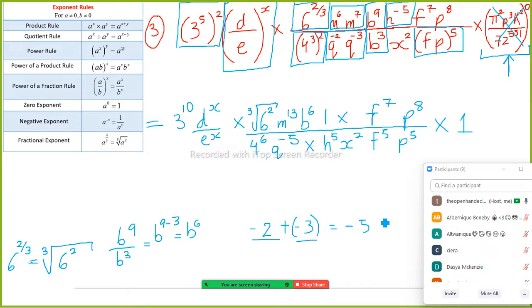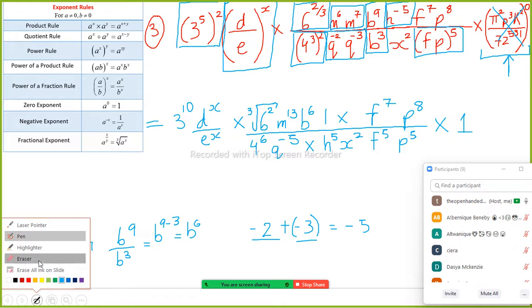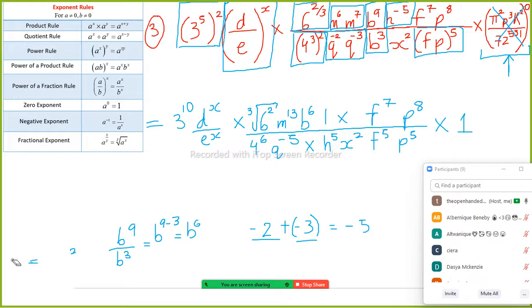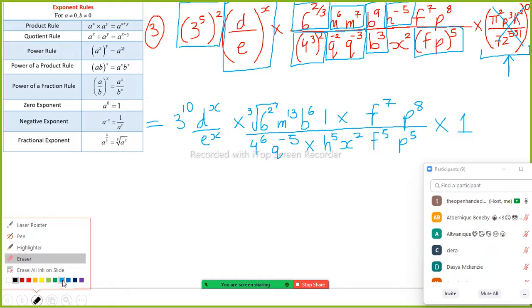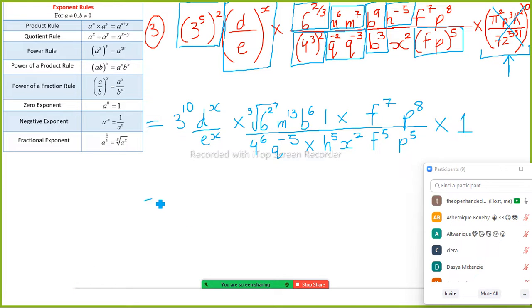All right, so let's continue with simplifying this. We are almost done with simplifying. So a few more things to deal with. This is going to be equal to, we could turn it into all one fraction.